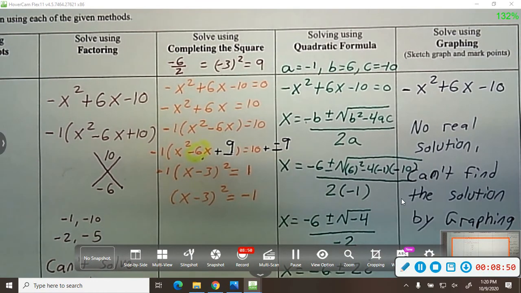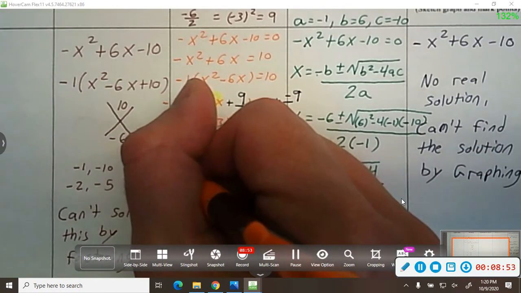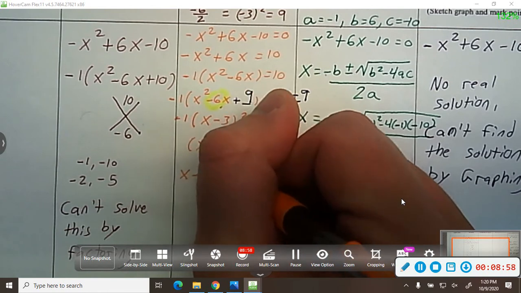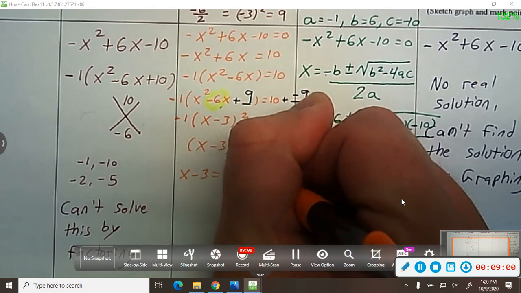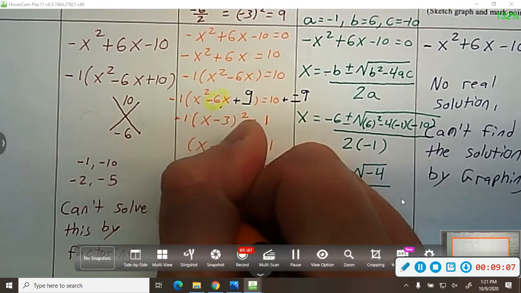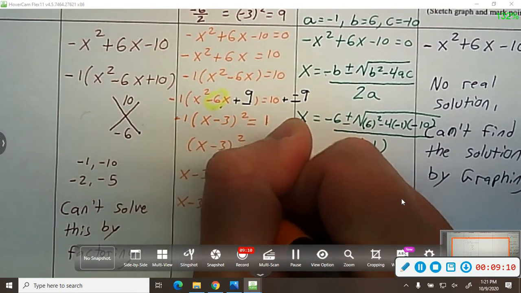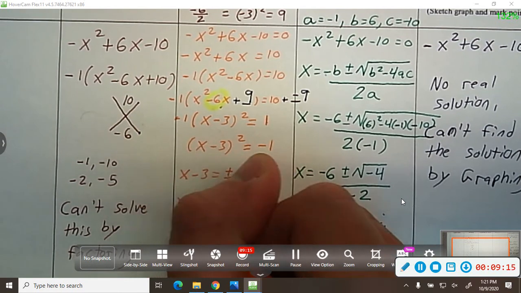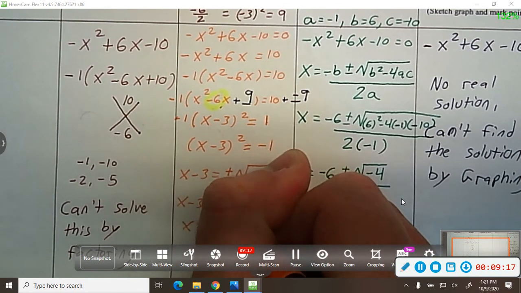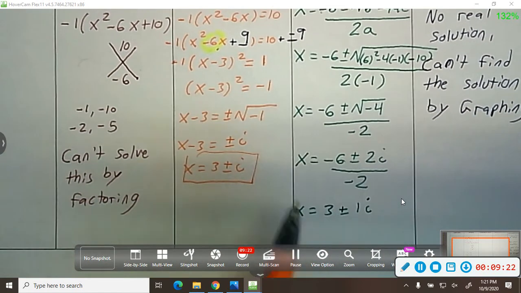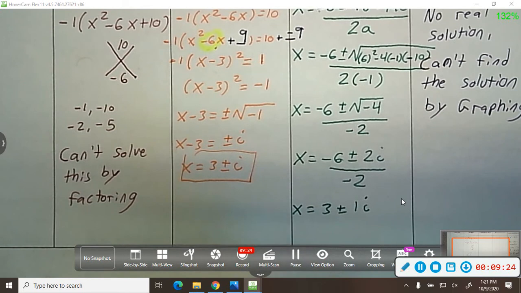And so now that I have a square, I could take the square root of both sides. And when you take the square root, you have to do the positive and the negative. But the square root of negative 1 is i. Solve for x, add 3 to both sides, and you get x equals 3 plus or minus i. And notice that's the same thing we just got by using the quadratic formula.